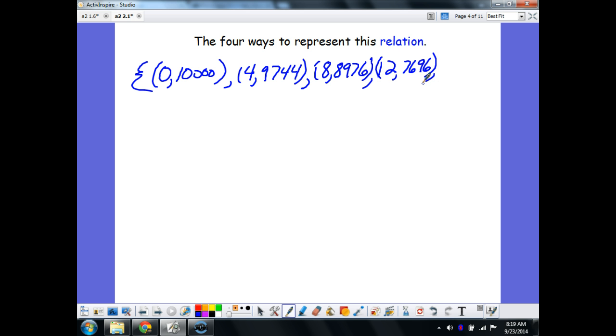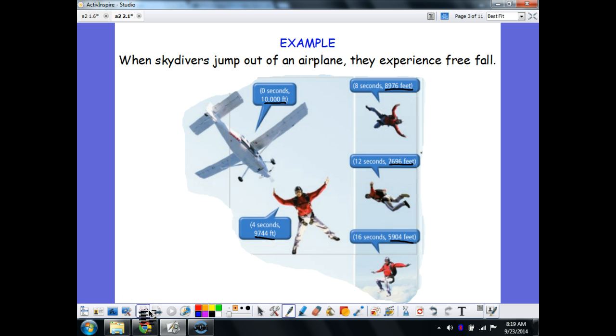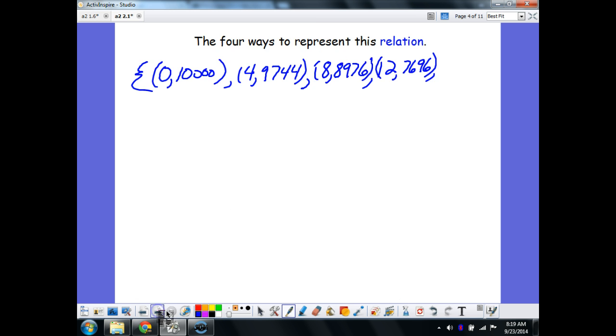And finally, the last one is, I believe, at 16 seconds, 5904 feet. So 16, 5904. So that's a set of ordered pairs. That is one way to represent this relation.